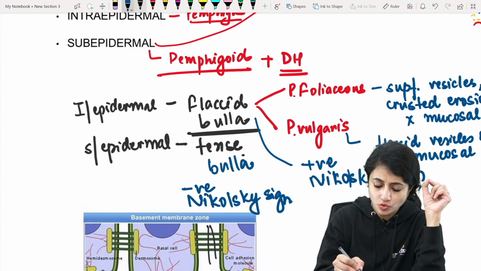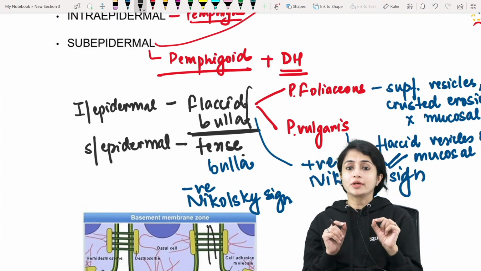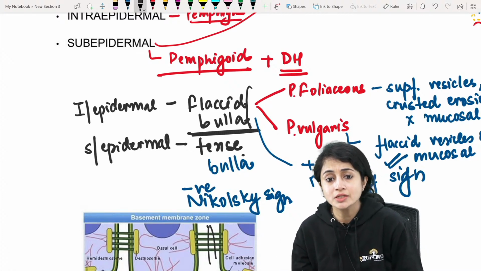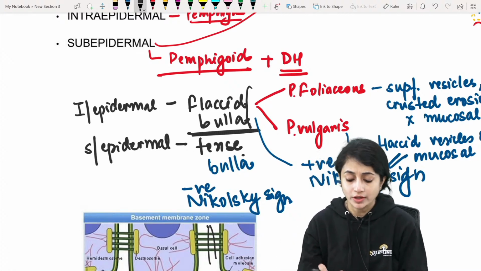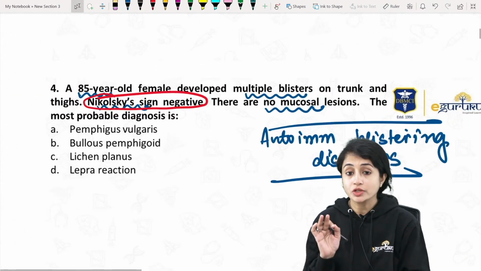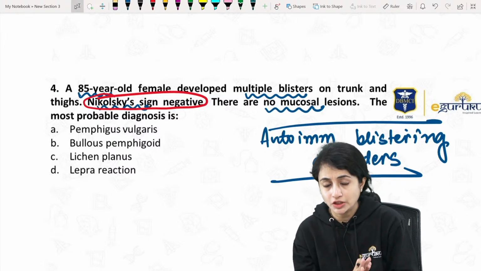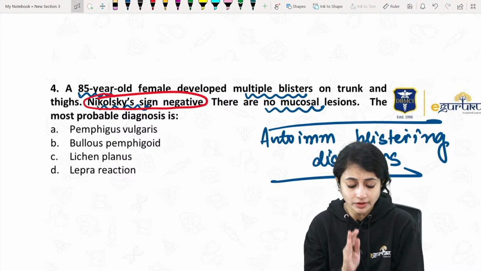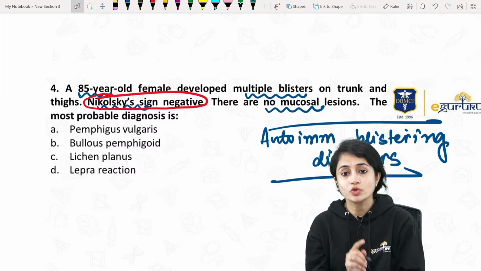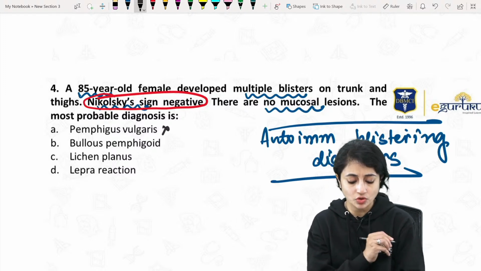So these are the two important features which help me differentiate between intra and subepidermal disorders, whether the bulla is flaccid or tense and whether there is a positive or a negative Nikolsky sign. So here I have no mucosal lesion, Nikolsky sign is negative and it is an elderly age group. The diagnosis is, let's look at the options, pemphigus vulgaris would have a positive Nikolsky, would have mucosal lesions. Obviously this is not there.